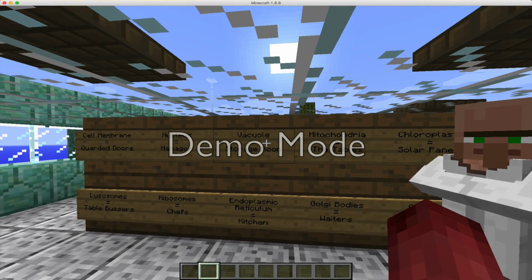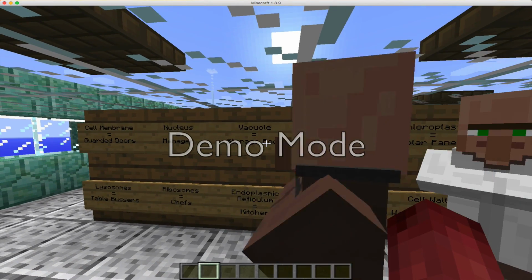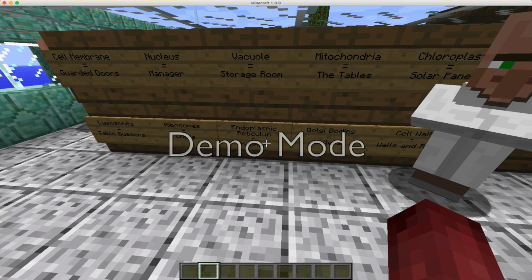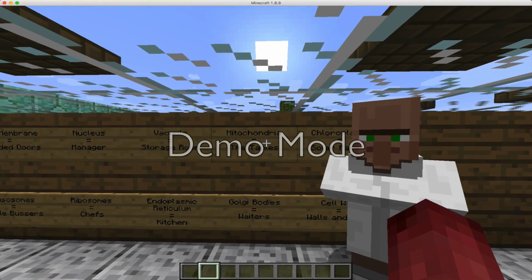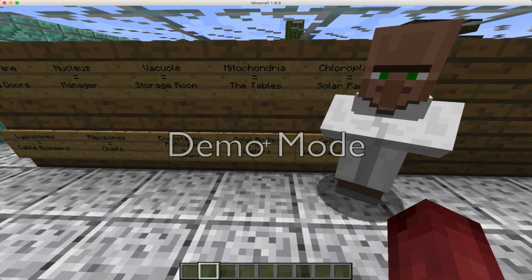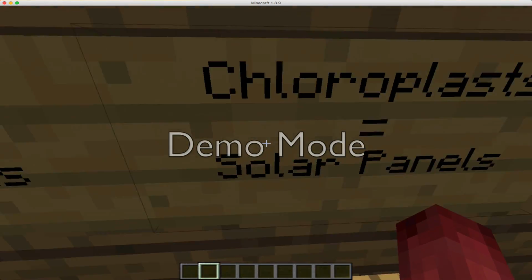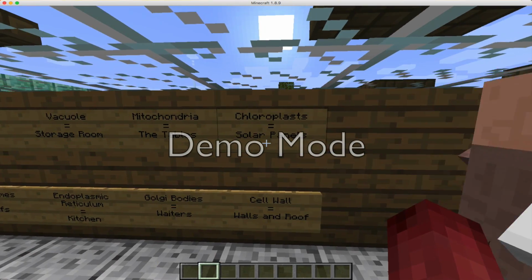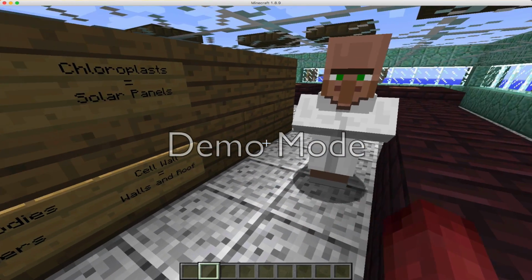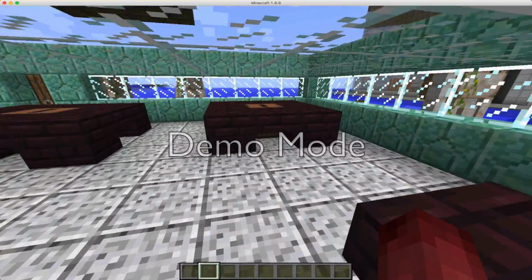The vacuole is going to be the large storage room. The endoplasmic reticulum will be the kitchen. The mitochondria will be the tables. The Golgi bodies will be the waiters. The chloroplasts will be solar panels, and the cell wall will be the walls and roof.